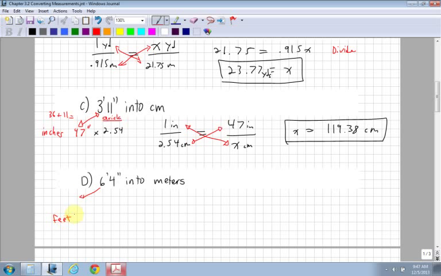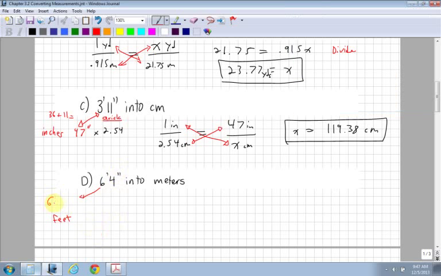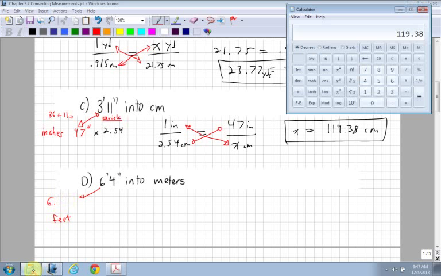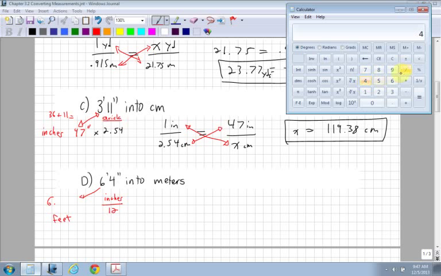So in order to convert to feet, when it's 6 foot 4 inches, the 4 inches needs to be converted to a decimal, because I know it's going to be 6 point something. To figure out the point something, I take the inches that are left over and I divide by 12. So I have 4 divided by 12 is 0.333.